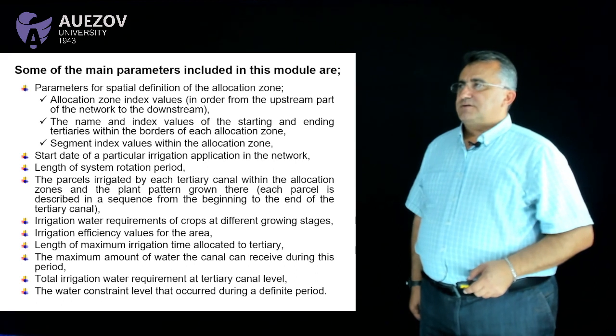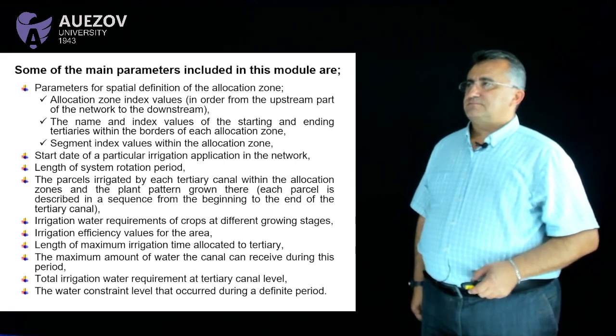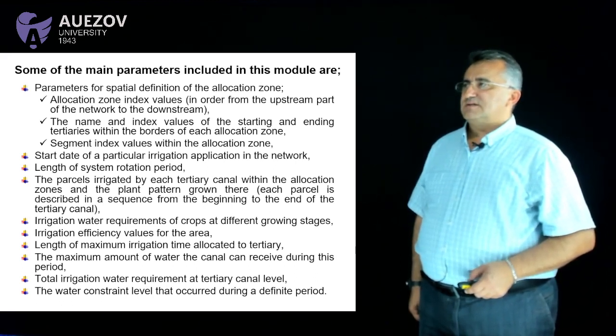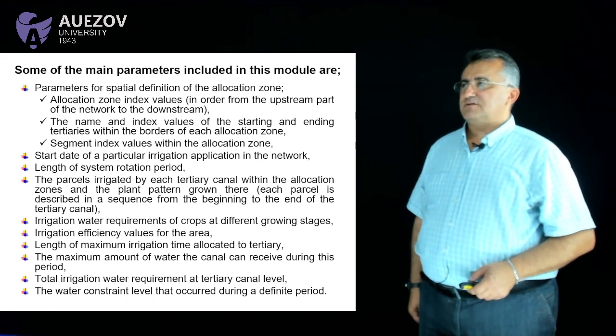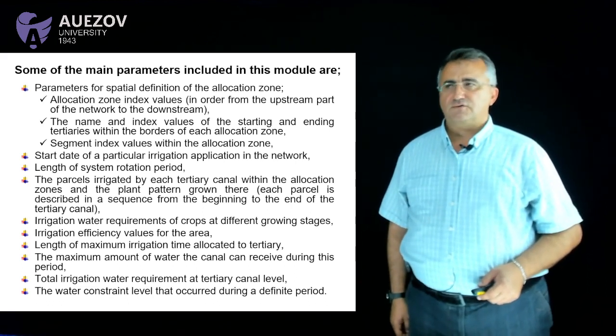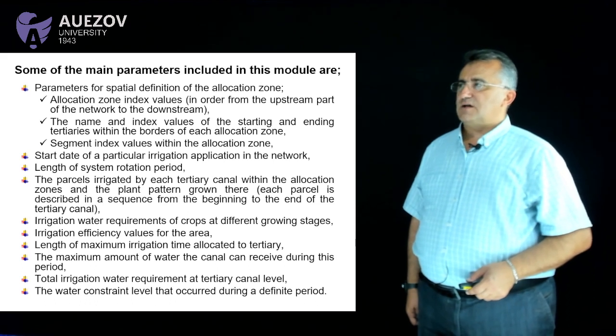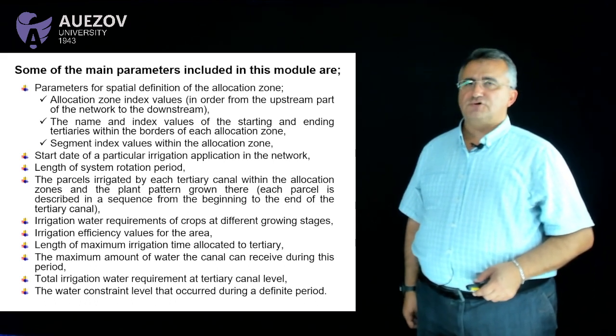The other parameter of the module, start date of a particular irrigation application in the network. The other one, length of system rotation period.